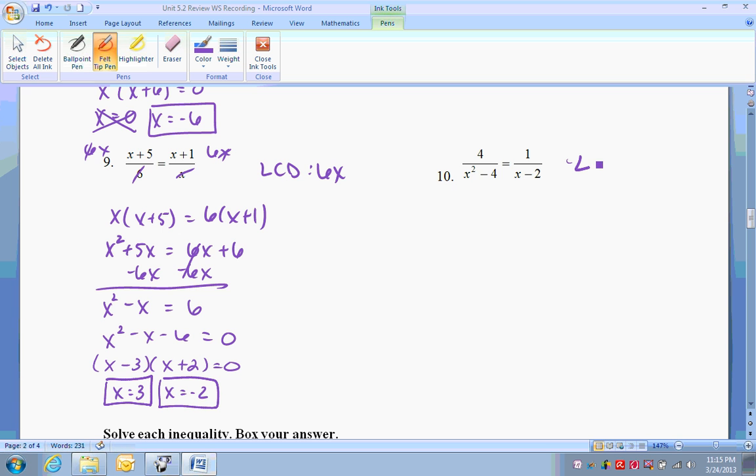All right, in number 10, the least common denominator, once again, we have a difference of perfect squares. We have x squared minus 4, which is x plus 2 times x minus 2. So we know our least common denominator is x plus 2 times x minus 2. So I'm going to multiply everything by my least common denominator.